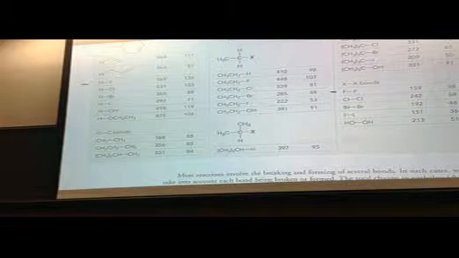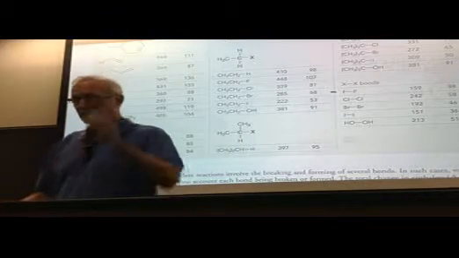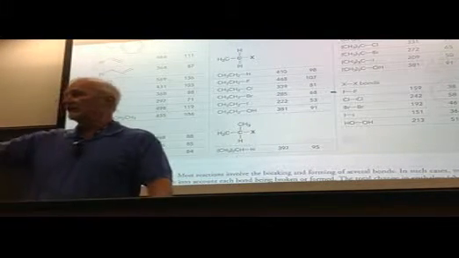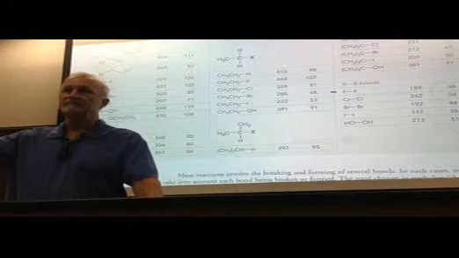So now, all you gotta do is take your calculator and combine these four numbers. And that will give you delta H for the entire reaction. Okay? So that's the only calculation you'll have to do. Maybe one similar to that.